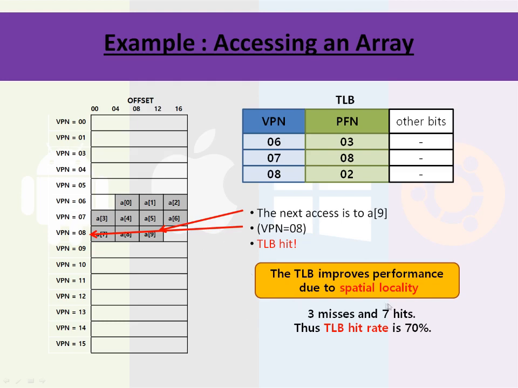Now it's 7 accesses plus 2 times 3. Okay, so that would be 13 versus 20. So that's obviously a lot more efficient. And thus we have a little formula here that says the TLB hit rate is 70%. So we hit 7 out of 10 times. So that's how you would calculate that.